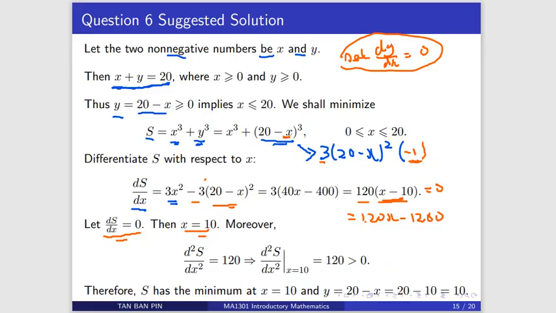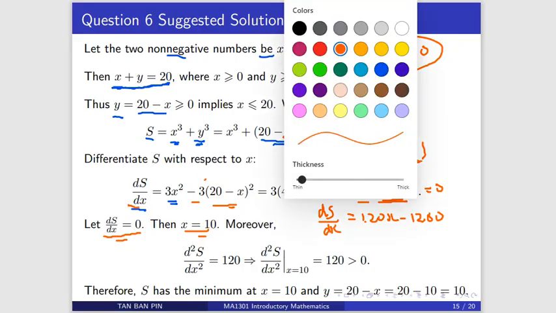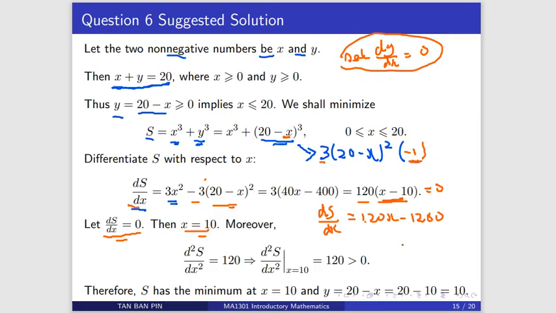And after that, you can find the second derivative. dS/dx is actually 120x minus 1200. If you differentiate the second time, differentiate dS/dx to get d2S/dx squared.